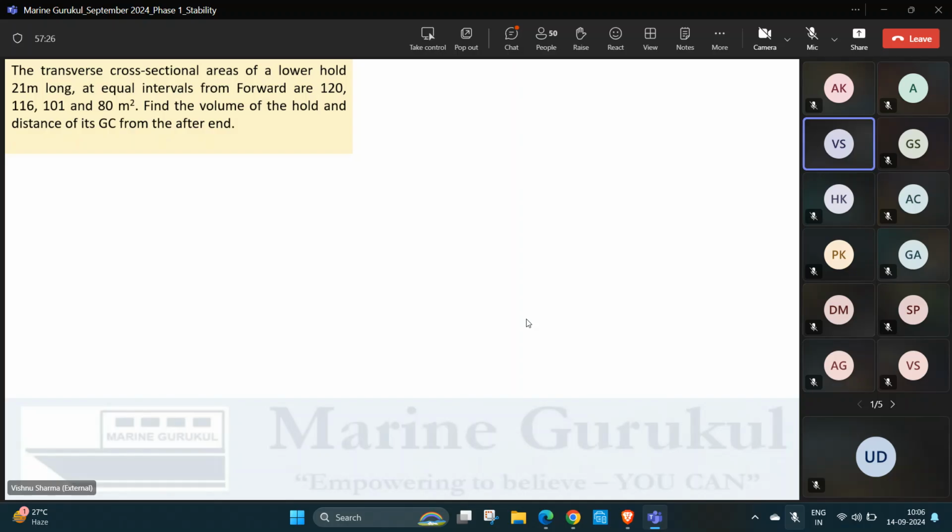Now what has he given are the transverse cross-sectional areas of the lower hold. Okay. Now guys, all this while, the orientation of the given area has been changed.